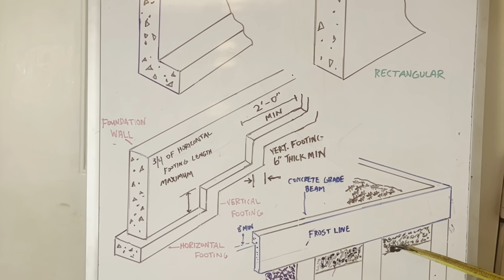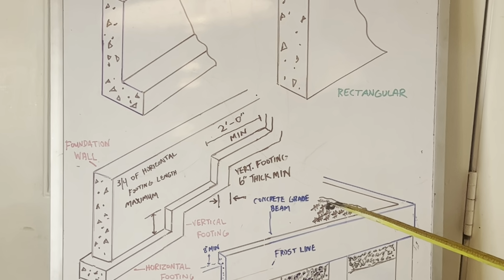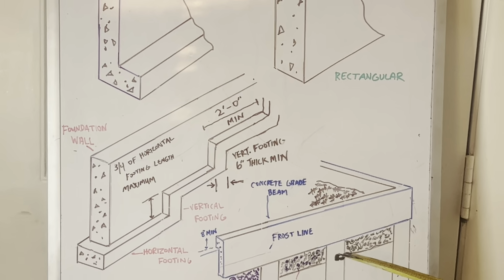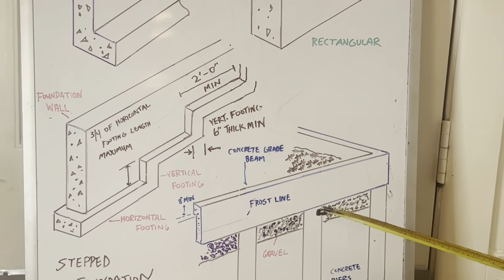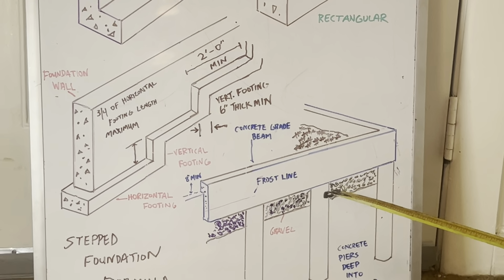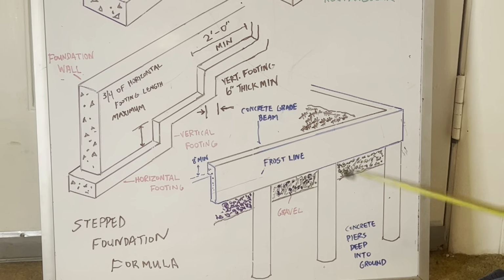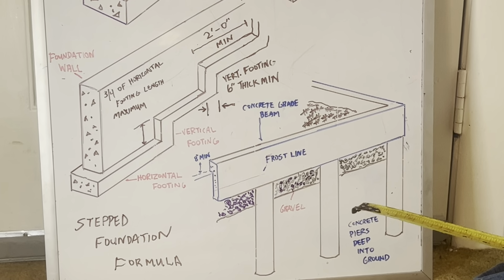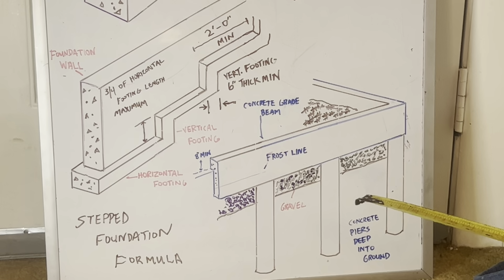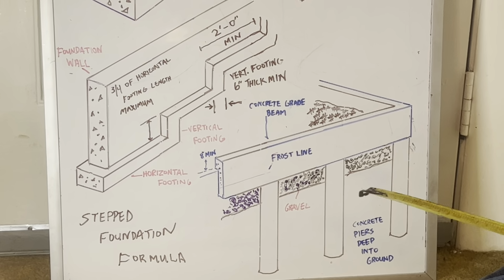I'm going to say what I just said over again. A level foundation for a sloped lot would require more concrete and more excavation. Excavation is digging of the ground, of the hillside, than a stepped foundation. A stepped foundation may provide both a crawl space and a full basement.